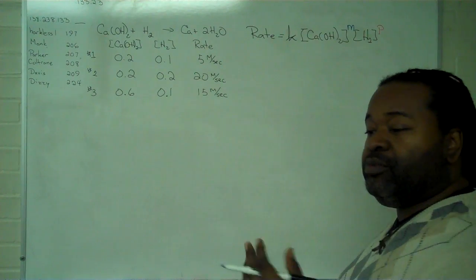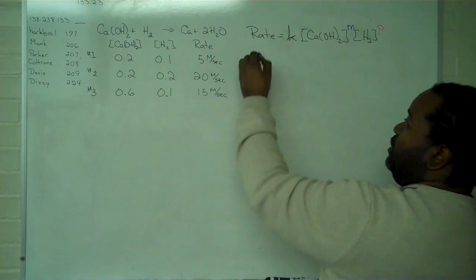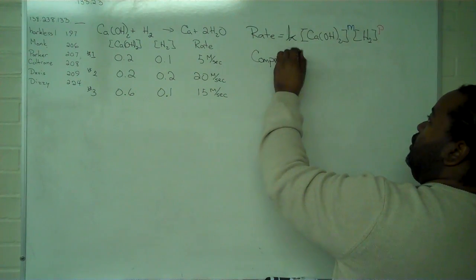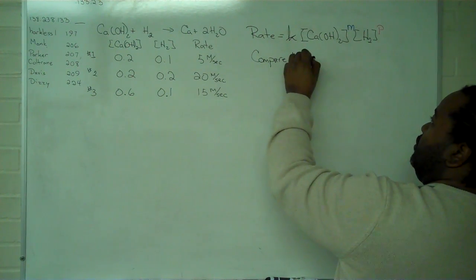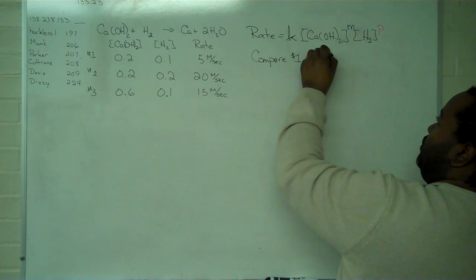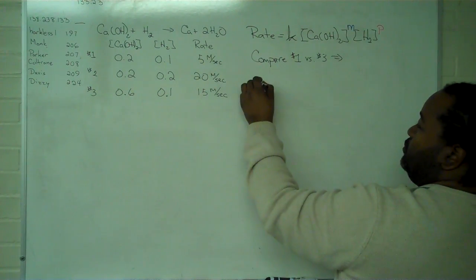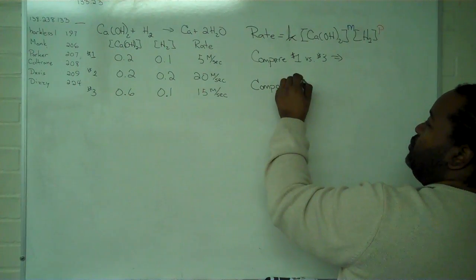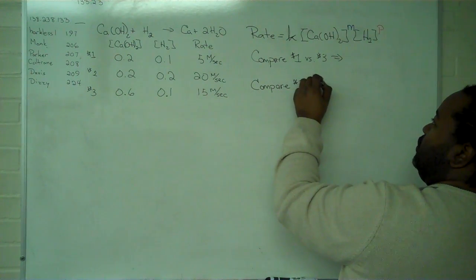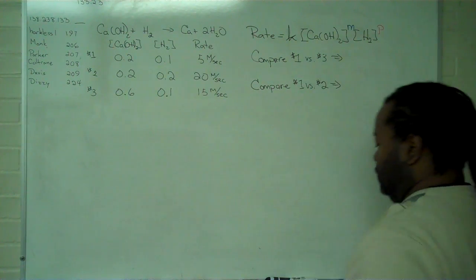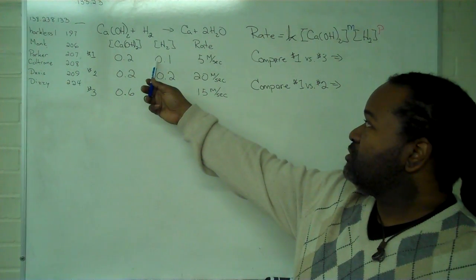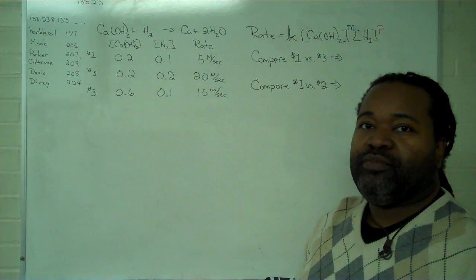Now, in order to determine this, we have to compare our experimental data. And so we'll be comparing trial number 1 with trial number 3. And then we'll go back and compare trial number 1 with trial number 2. Now, the comparison of 1 versus 3 shows us that the hydrogen concentration remains the same.